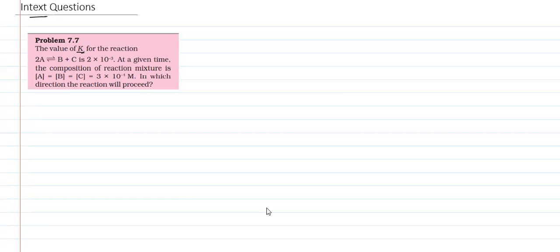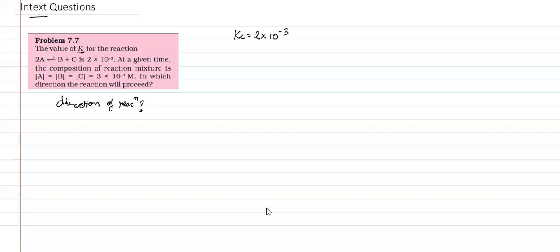In which direction will the reaction proceed? So we need to know the direction of the reaction. First of all, we've been given Kc equals 2 into 10 to the power minus 3.